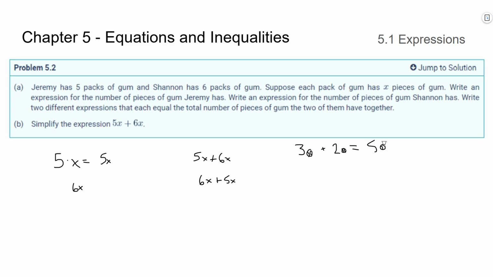Just like this, if you have 6 packs of gum, and then you add 5 packs of gum, now you have 11 packs of gum. And so if each pack has 10 pieces in it, then of course you have 110, just like you're supposed to. So you can just add up the coefficients of these variables when you add, and then you get the total there.